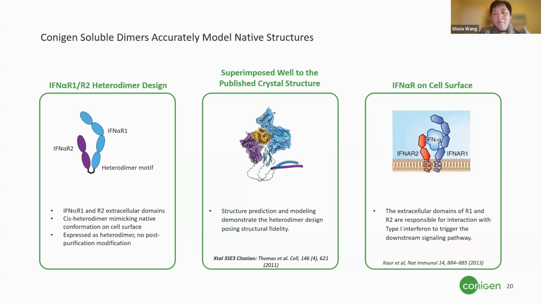This receptor binds to type 1 interferon to trigger downstream signaling and cascade all the functions. To design the heterodimer protein to mimic the natural conformation, shown on the left side with both receptor 1 and receptor 2, we link them together to form this dimer.